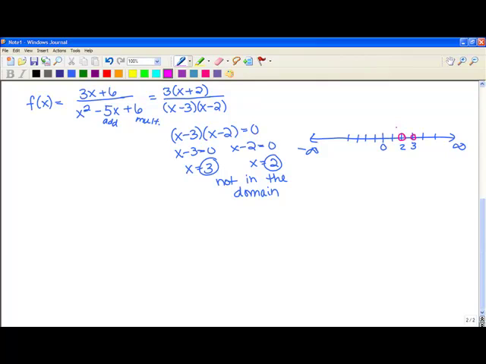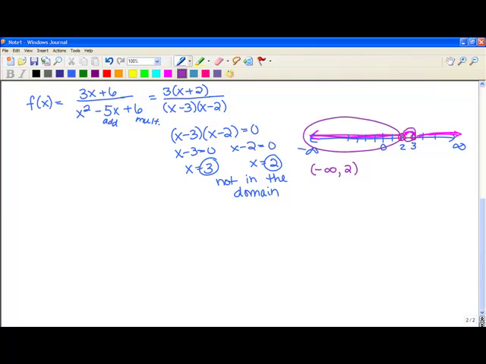Then we need to draw arrows to highlight all the other numbers. So these numbers are valid going to the left. The numbers here in the middle are valid between 2 and 3. And then the area to the right is also valid. So the interval starting on the left side goes from -infinity up to the open dot at 2.